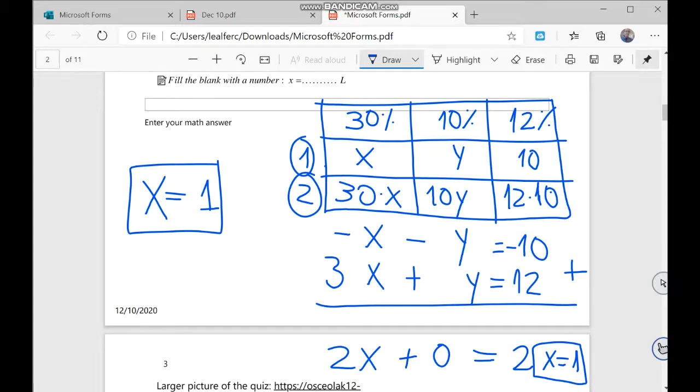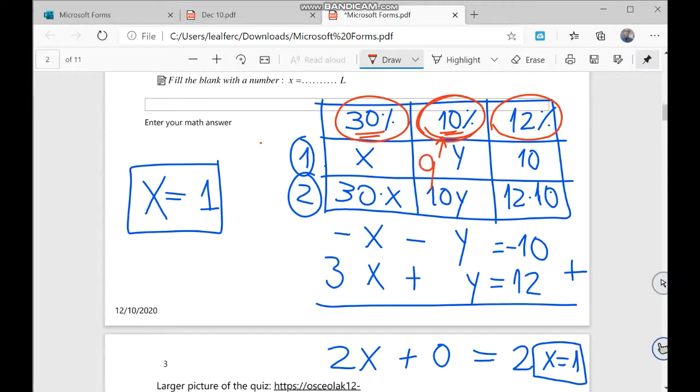If you one day work in the future with chemistry, you're going to see this makes a lot of sense, because you have a solution that's 30%. The second one is 10%. 10% is closer. We want the resulting solution to be 12%. It's just a little bit more than 10 and a lot less than 30. So you have to use more of this 10%.